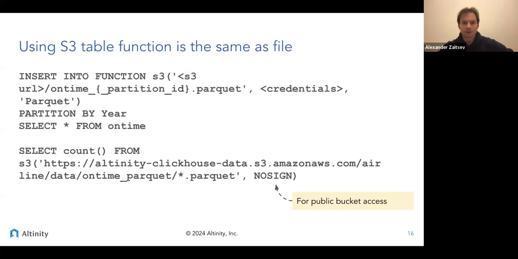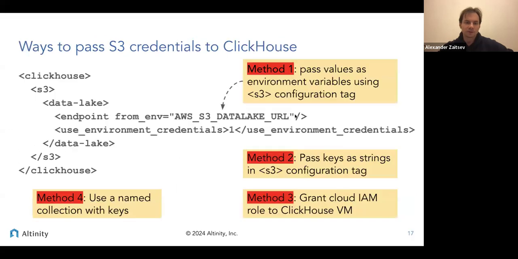If you are using buckets without public access, then ClickHouse has a bunch of different ways to configure S3 security. This is not a topic for this talk, just a very quick overview. ClickHouse can take credentials provided directly in the call of the S3 function. You can use named collections where you specify those credentials and then reference them when you query the bucket.